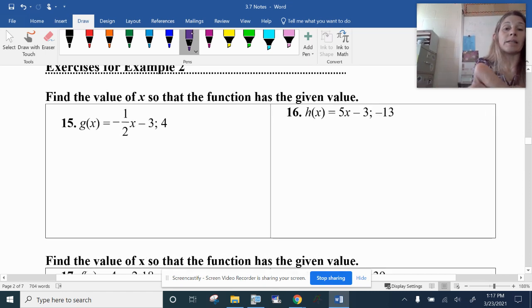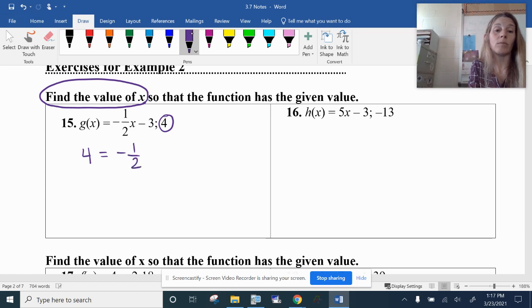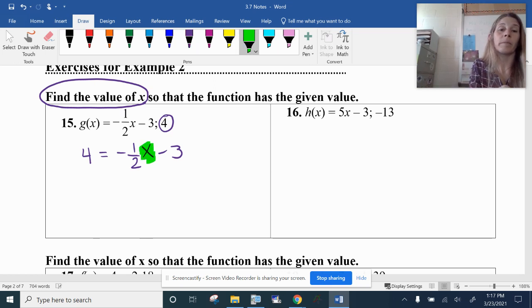So for number 15, for example, it's telling me here, find the value of x so that the function has the given value. So I'm going to substitute this 4 in, or I'm going to replace my g of x with that 4. And now I'm just going to use my inverse operations to get this x alone.